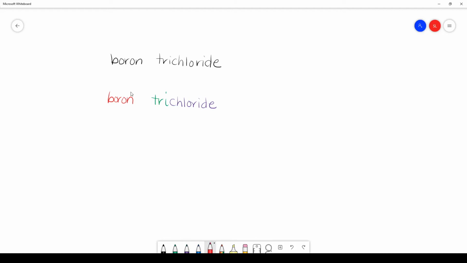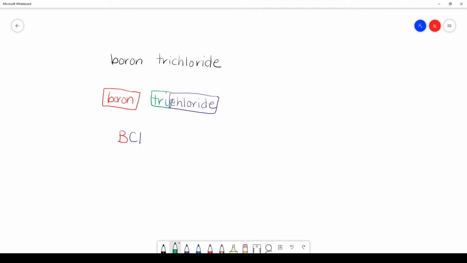So now, element 1 is boron. That has the symbol B. There is no prefix 1, so there is no subscript 1. Element 2, root plus ide is chloride. So chlor is for chlorine. That has the symbol Cl.